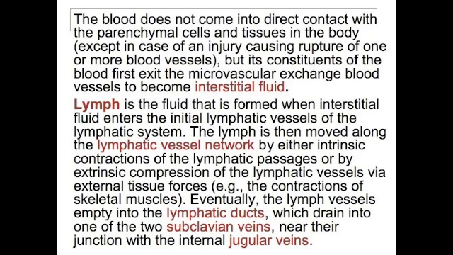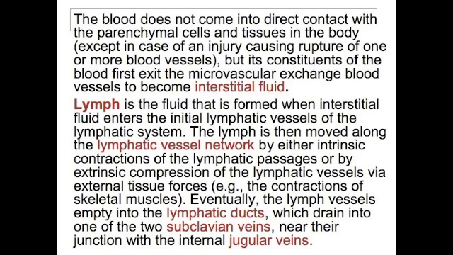Moving on to the next slide, the blood does not come into direct contact with the parenchymal cells and tissues in the body, but its constituents first exit the microvascular exchange blood vessels to become interstitial fluid. Lymph is the fluid that is formed when interstitial fluid enters the initial lymphatic vessels of the lymphatic system.